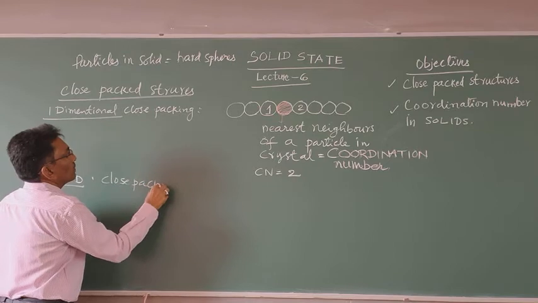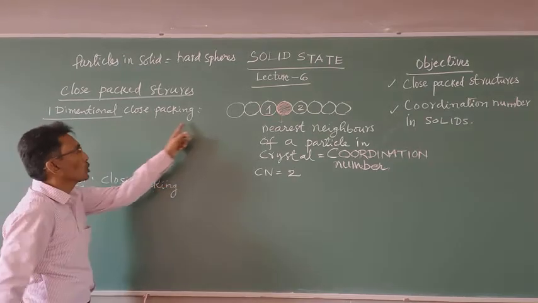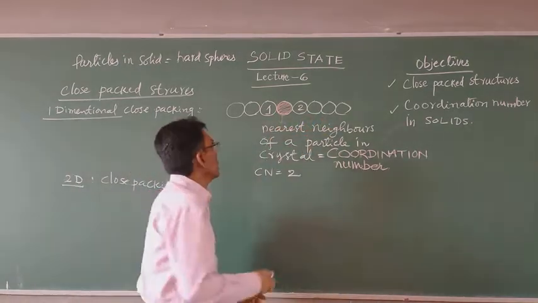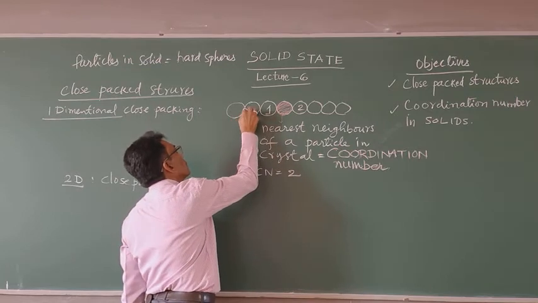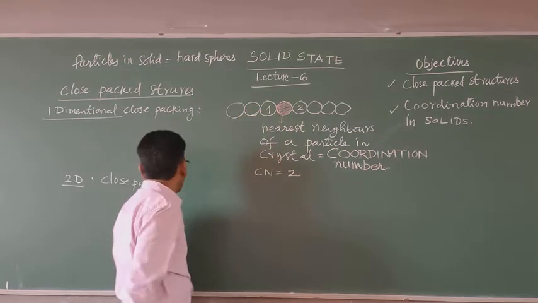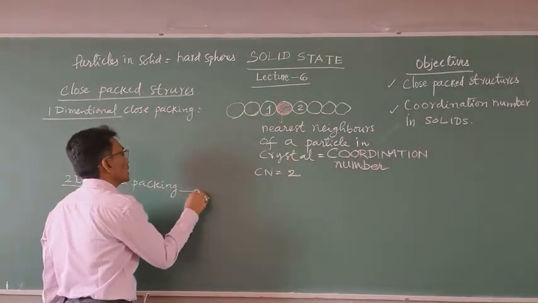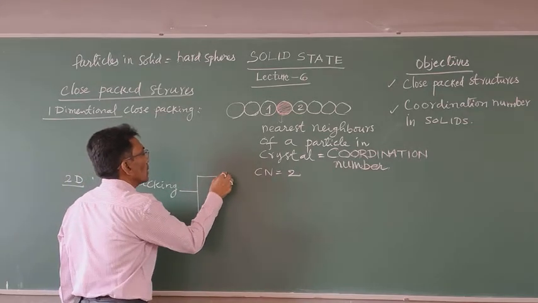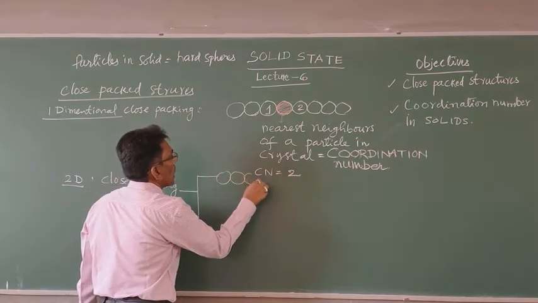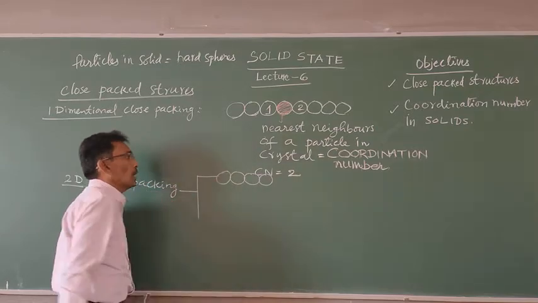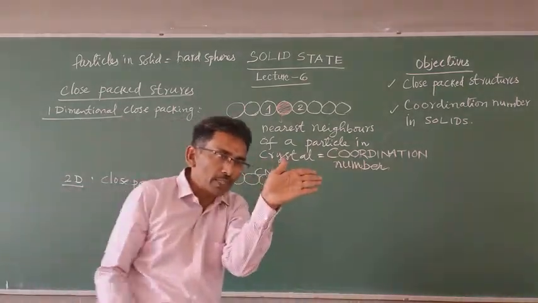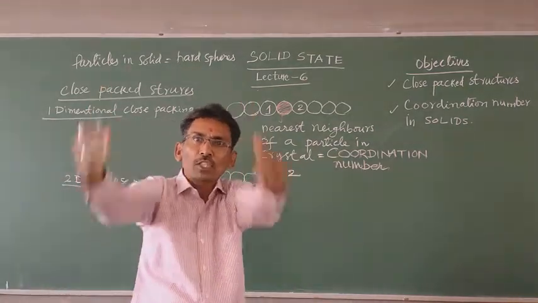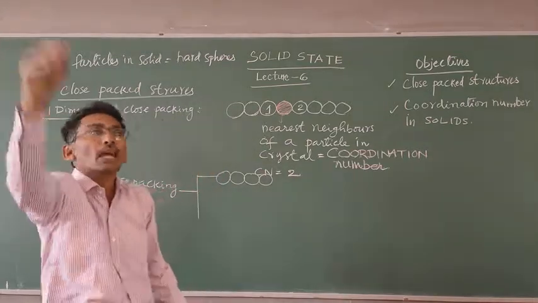How does it happen? This is one row of particles, second row. This is called a depression, and this is in two cases. The particles are arranged like this, and this is the first row of particles, second row, just like the benches in the classroom, one behind the other.